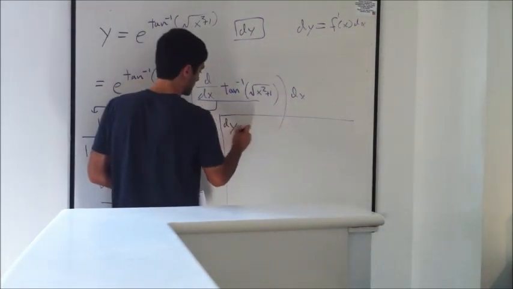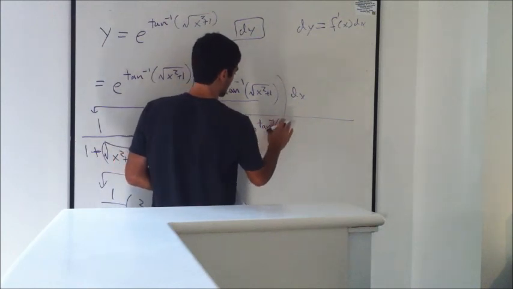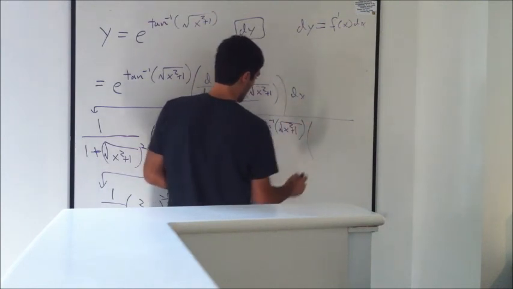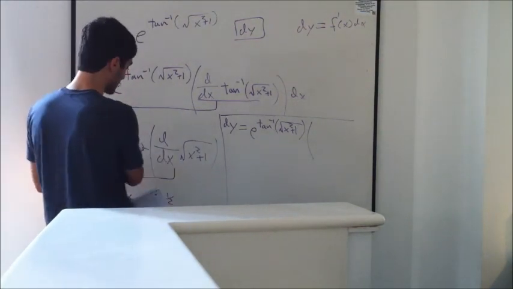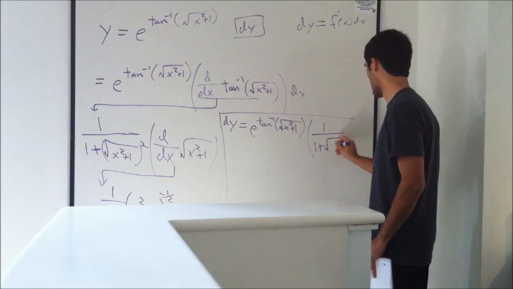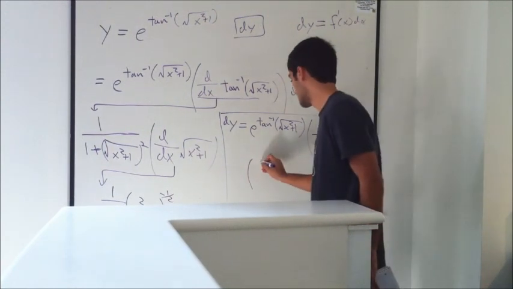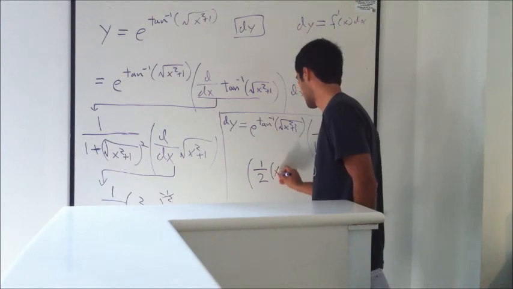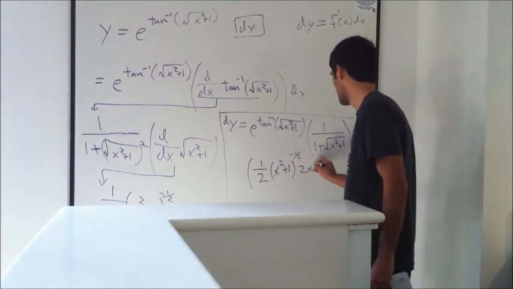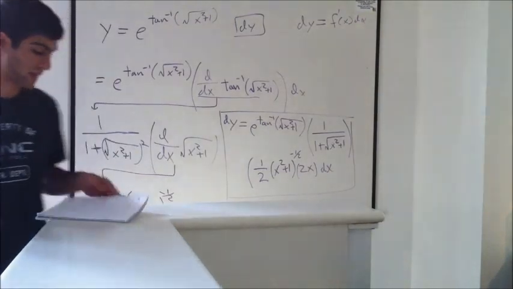So we have dy equals e to the tangent inverse of the square root of x squared plus 1, times 1 over 1 plus the square root of x squared plus 1, all squared, all of that times 1/2 times x squared plus 1 to the negative 1/2 times 2x, times dx. So that is our answer.